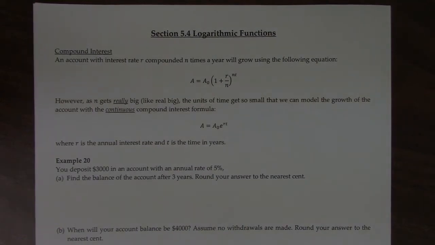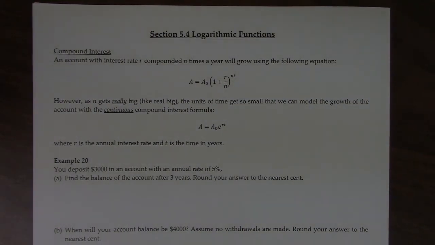So in a previous section, we saw that we could use exponential functions to model compound interest if we compounded that interest n times a year. But as we compound more and more often, so as n starts to get really, really big, the formula actually morphs into this continuous compound interest formula.